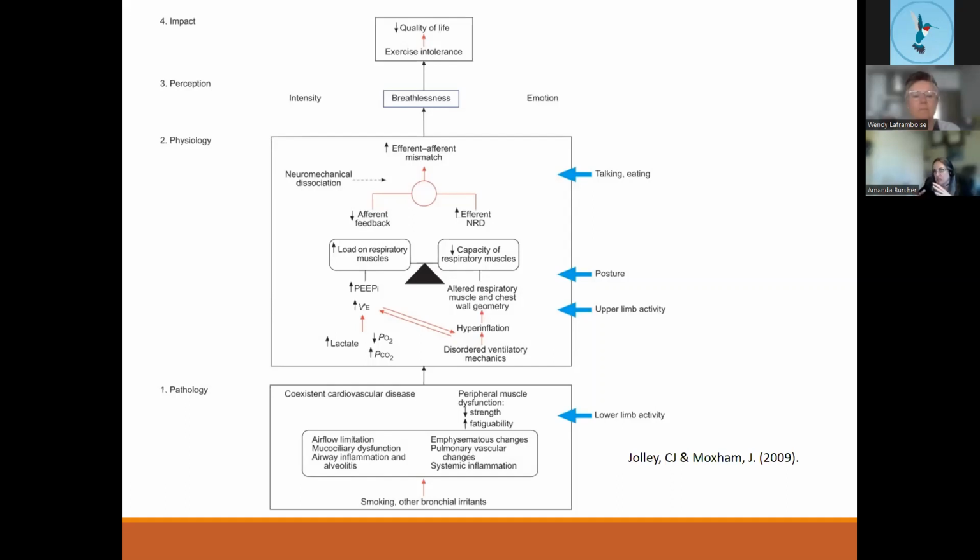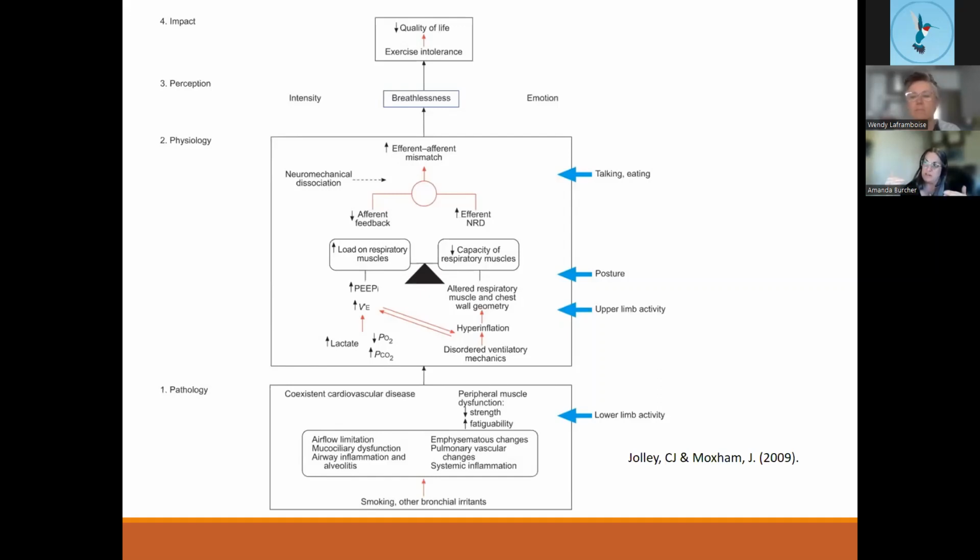So when we look at the factors that influence perception of breathlessness and the sensation of dyspnea in a COPD patient, at the bottom is the pathology. It starts with an irritant, which irritates the bronchia, which causes structural changes, airflow limitations, buildup of mucus, ineffective airway clearance.